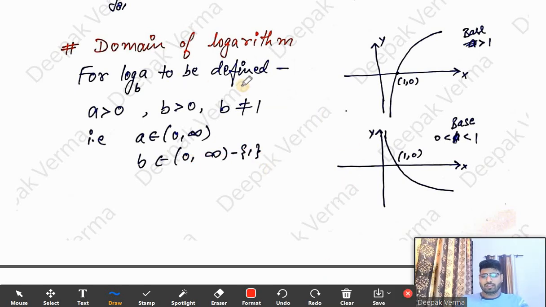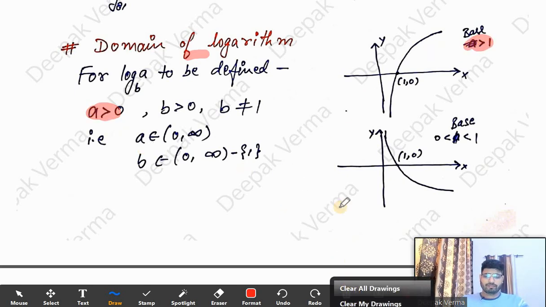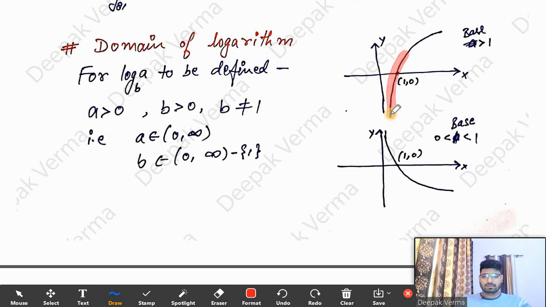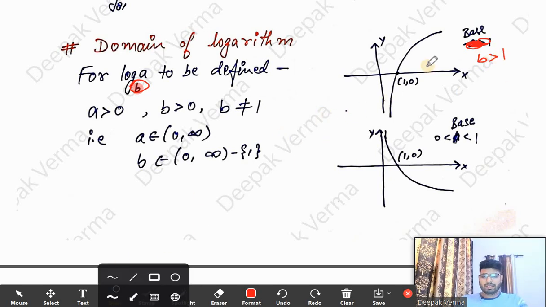Got it? If we talk about the graph of log, if the base is greater than 1, then the graph is like this. Remember this graph. Here the base is b. We are talking about the base, not a. It means when b is greater than 1, then the graph is like this.